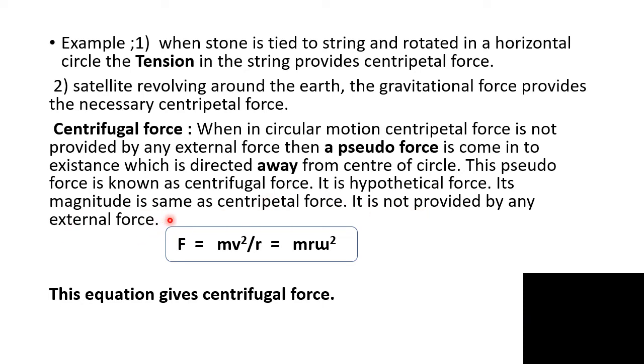Its magnitude is the same as centripetal force, and it is not provided by any external force. So centrifugal force has also the same magnitude as centripetal force, that is mv square upon r or mr omega square. Centrifugal force is a pseudo force, it is not a real force.